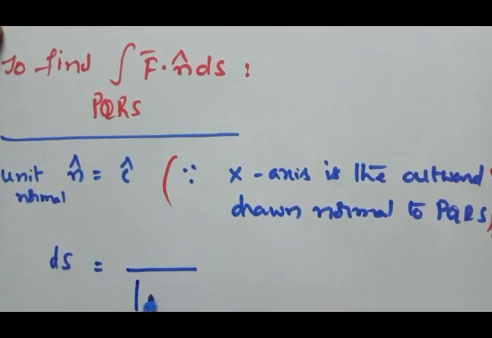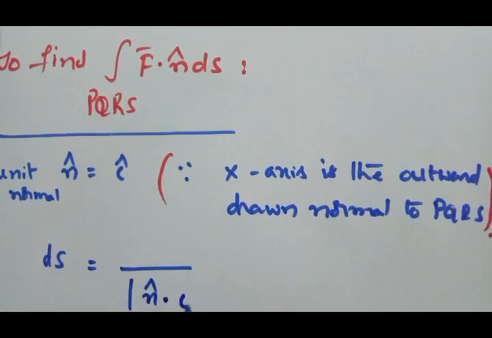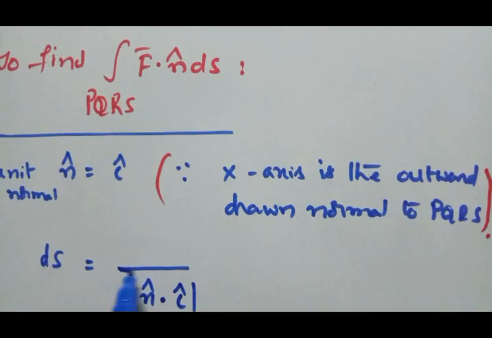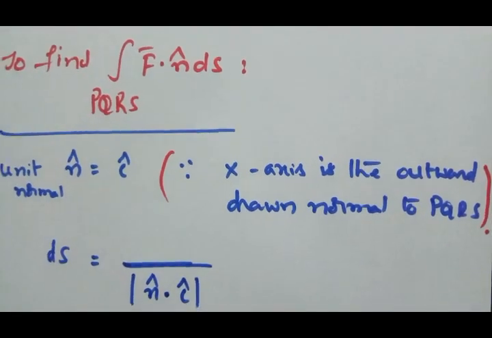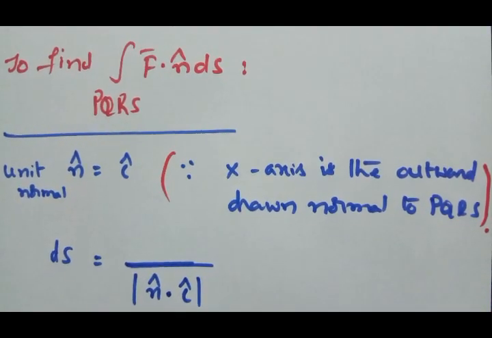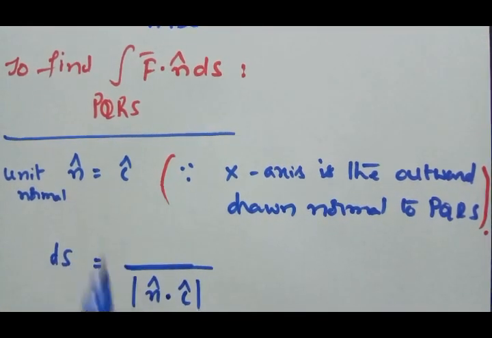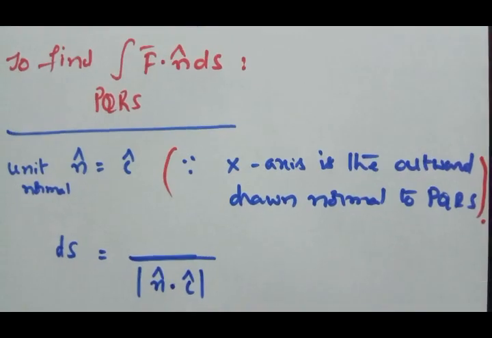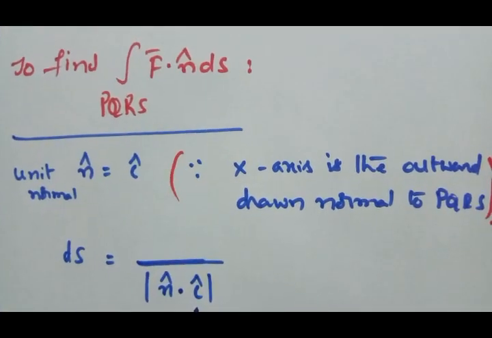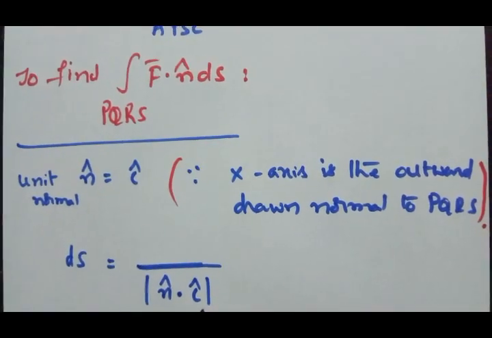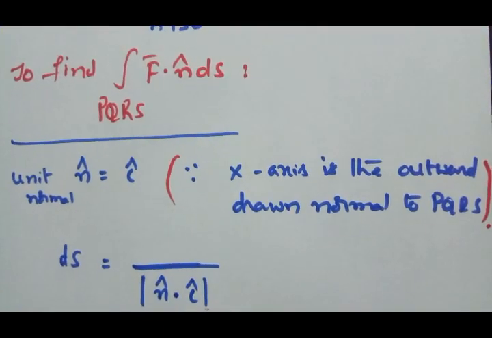Here modulus of n cap dot i cap: you definitely have to take the denominator as modulus of n cap dot i cap, since n cap is equal to i cap and i cap dot i cap is 1. Otherwise, if you take either k or j, this dot product becomes 0.